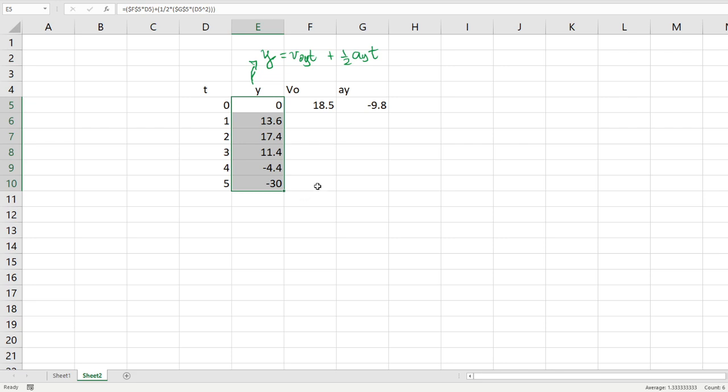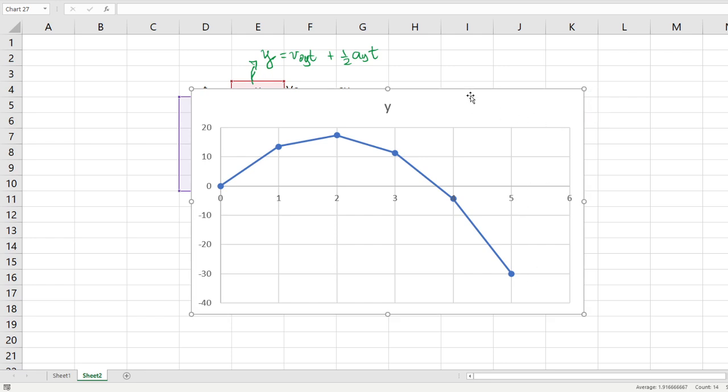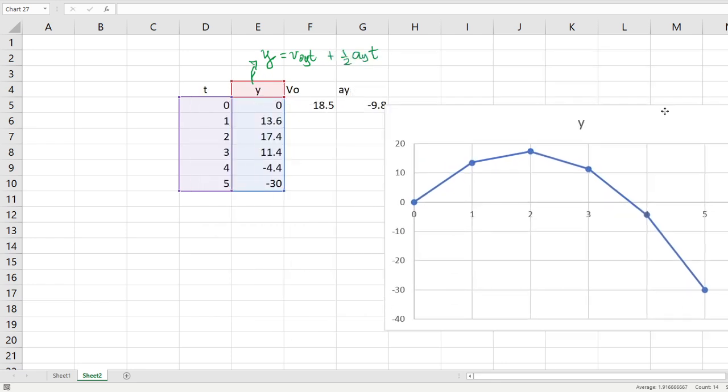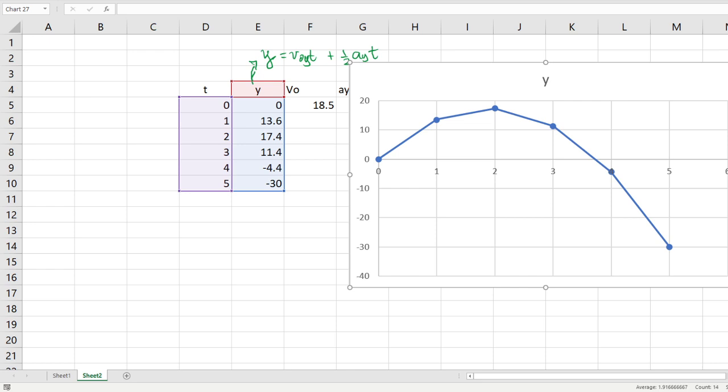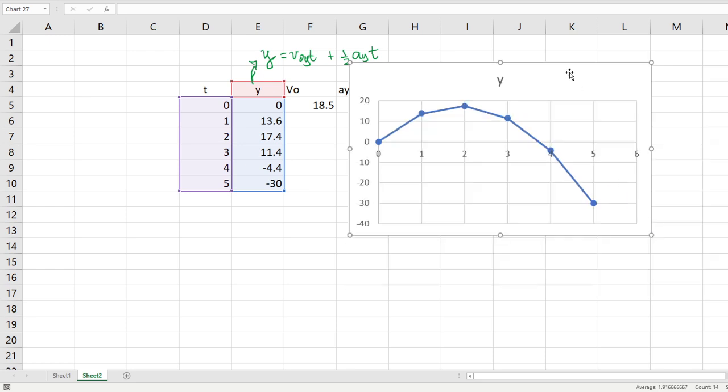If we want to have a graph, we just highlight this one, click insert, recommended charts, and choose the scatter graph, and there you have it. We now have a graph for the distance and time.